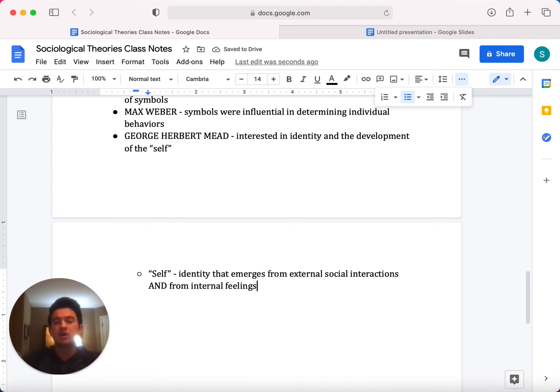Okay, so Mead said that this idea of yourself was kind of how you perceive who you are. So it was kind of like you're developing your own identity. And Mead said that your identity was developed through your interactions with others, but also from internal feelings that you hold about yourself.